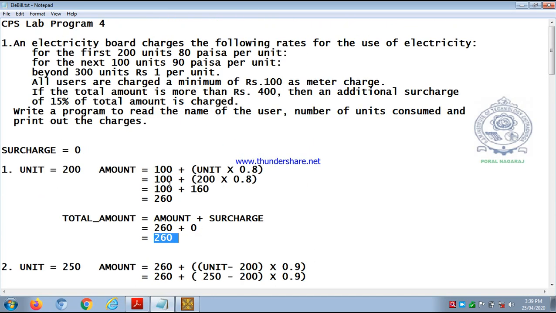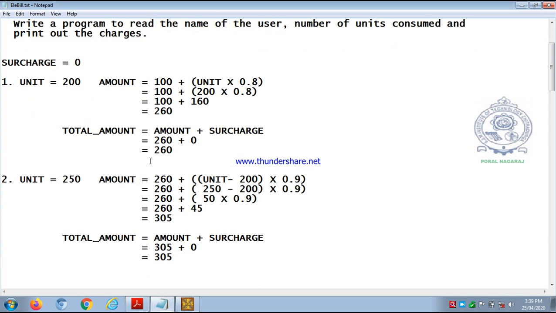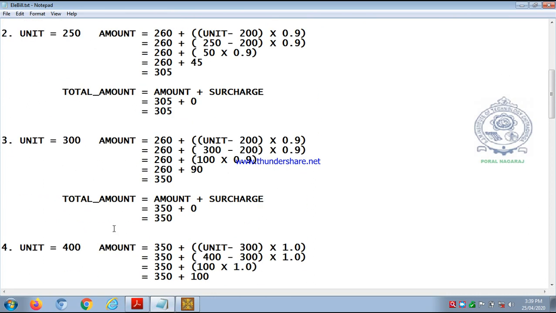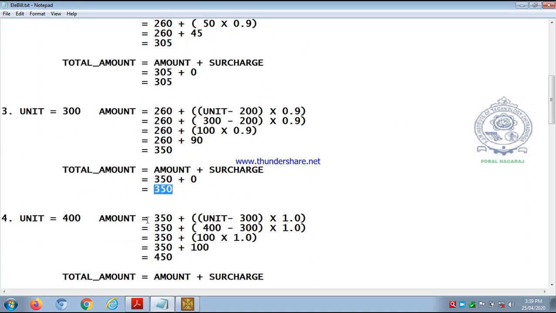Like that, if the total units exceed 300, what is the charge per unit? 1 rupee. So we should know the amount up to 300, which is why I considered up to 300 units. What is the value? 350. Above 300 units, we calculate like this. Suppose our input is 400 units.